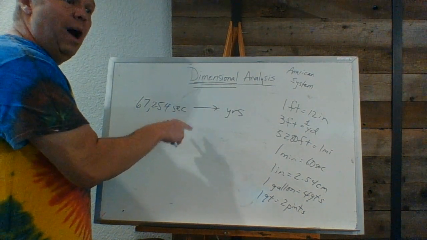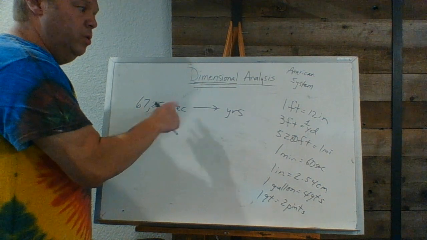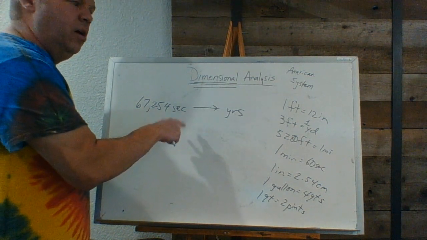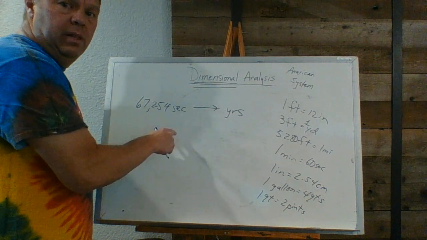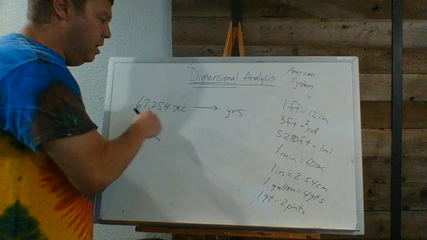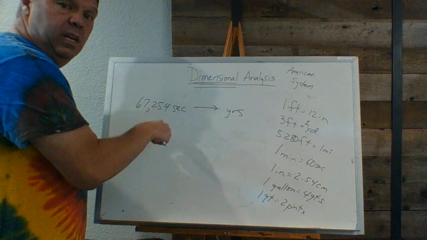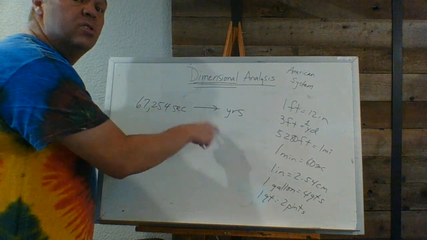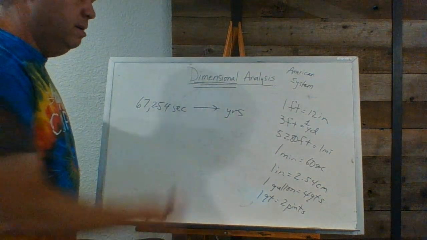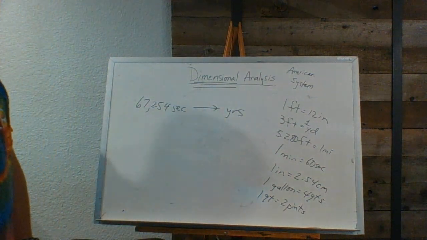Minutes go to hours. Hours go to days. Now, can I go from days to years, or do I need to go to months? I can go days to years, right? So I can go seconds to minutes, minutes to hours, hours to days, days to years. Let's do no leap day. Pause and try. I gave you a big hint.